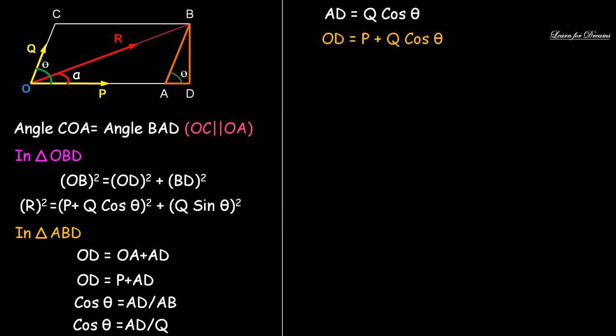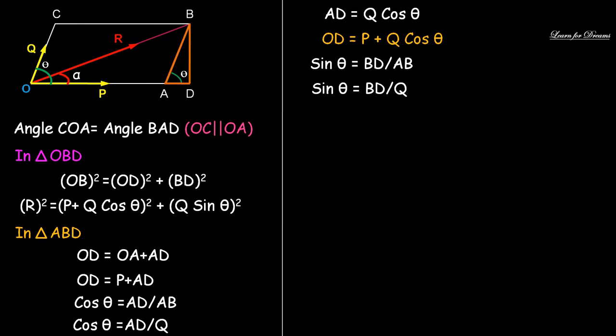Clear? Now, let's find out the equation for BD. Sin theta is equal to BD divided by AB, that is the opposite side of angle theta divided by the hypotenuse AB, and AB is Q. Therefore, BD is equal to Q sin theta.